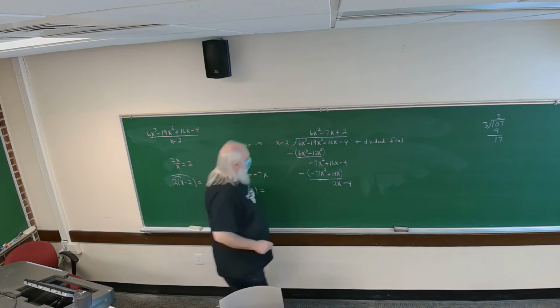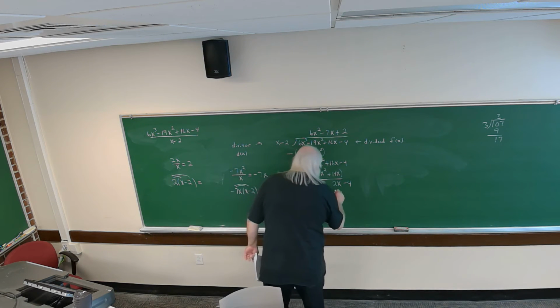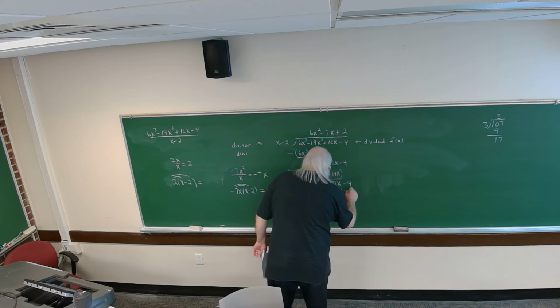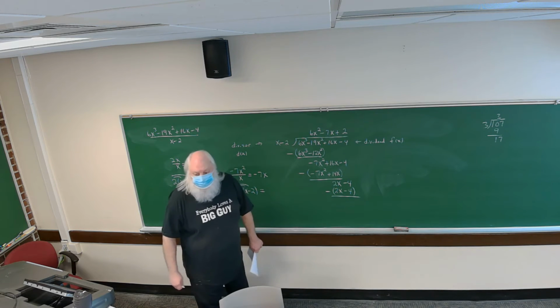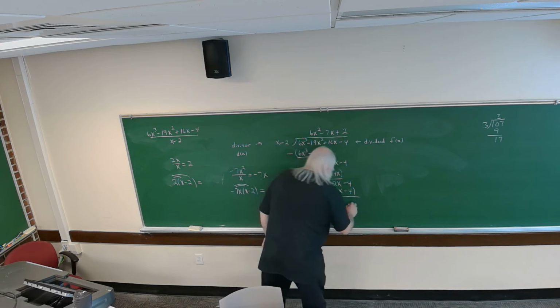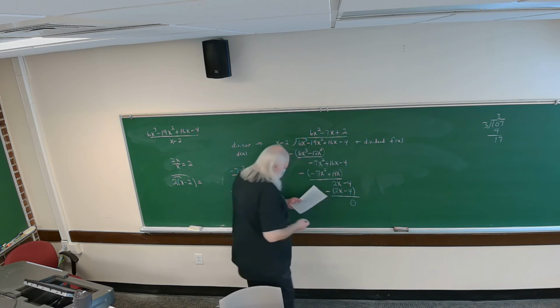When you distribute the 2, you get 2x minus 4. And that you have to subtract from 2x minus 4. Well, 2x minus 4 minus itself is 0.